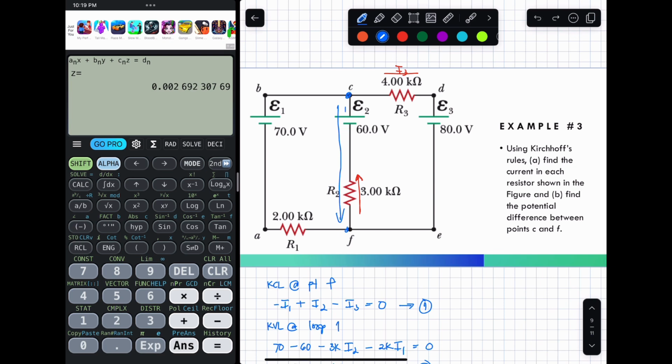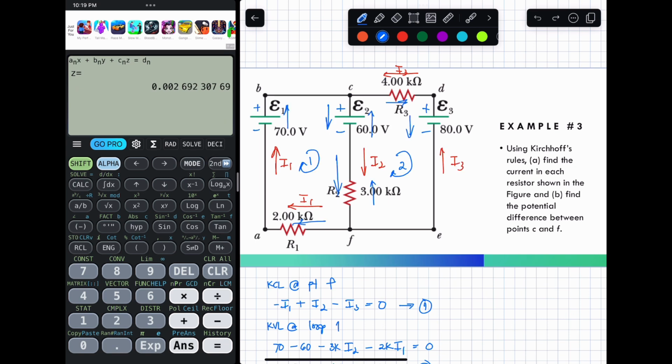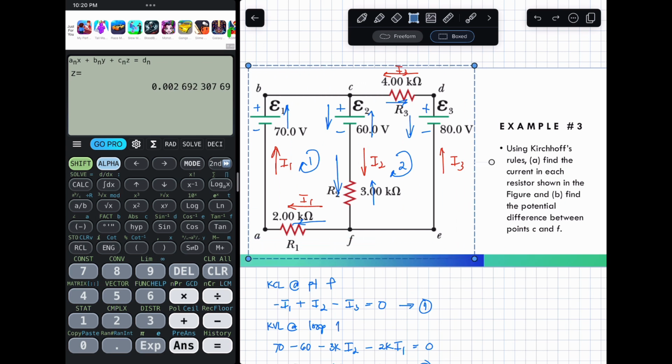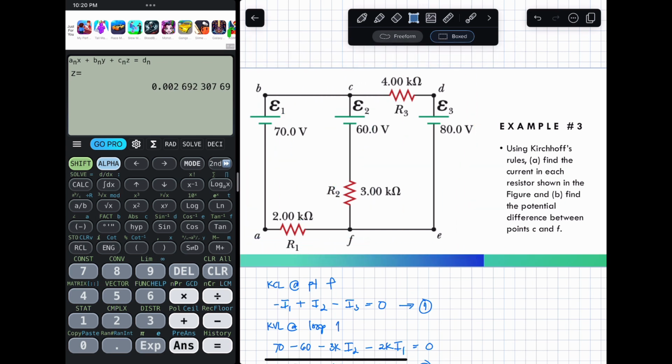Oh, by the way, my current's going downward. So this is I2. And then this would be my loop.